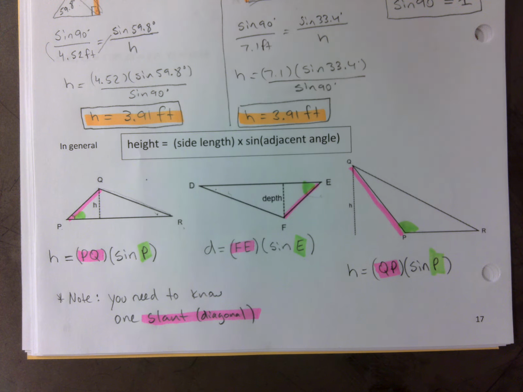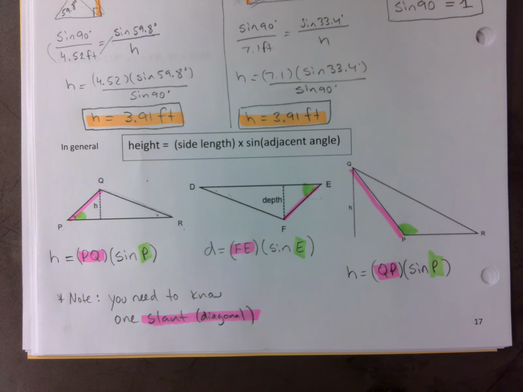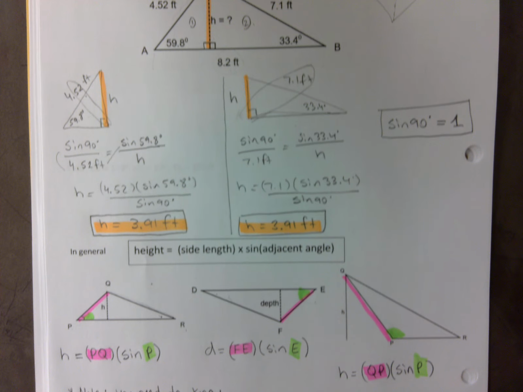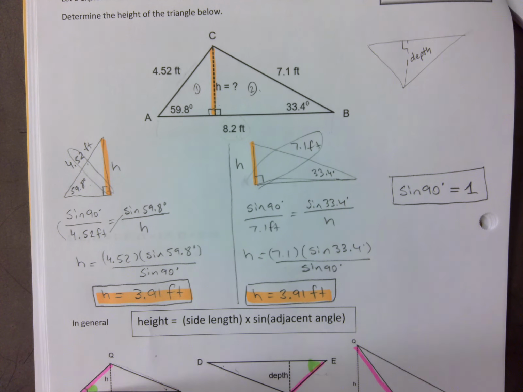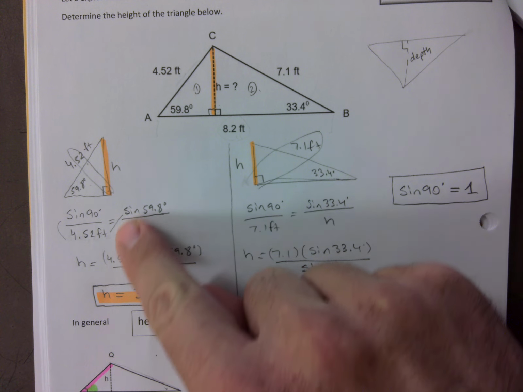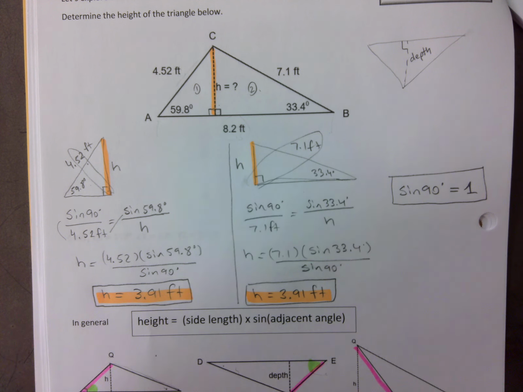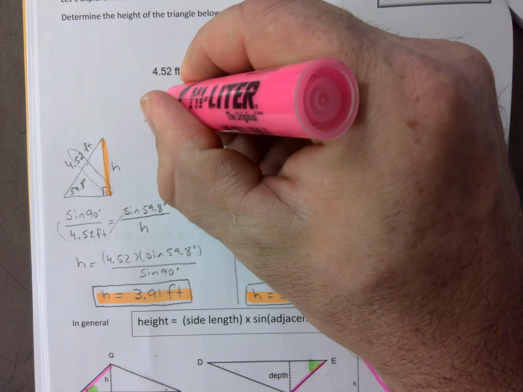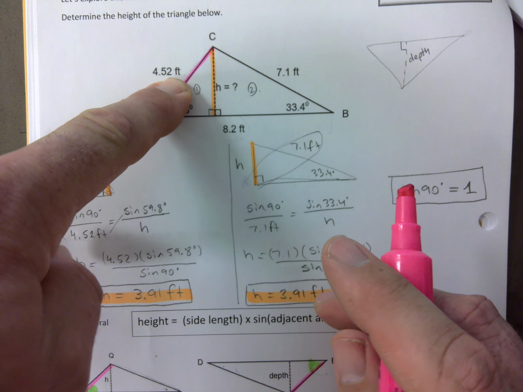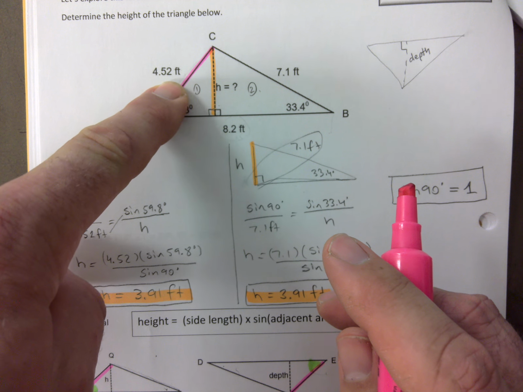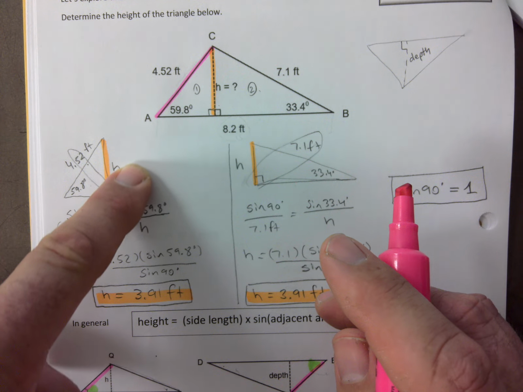Okay? So if we go up here, watch, I'm going to go up here and do it one more time with you. Grab whatever you highlighted the slant with down here. We're going to come back up and do the same thing here. This was our slant. What did we do actually? All the way down here. Follow my finger.